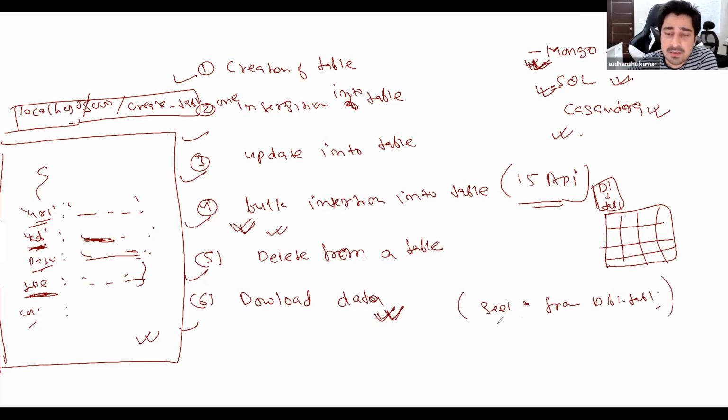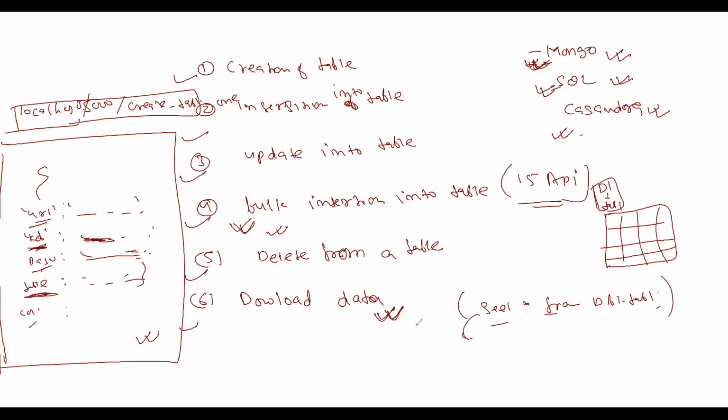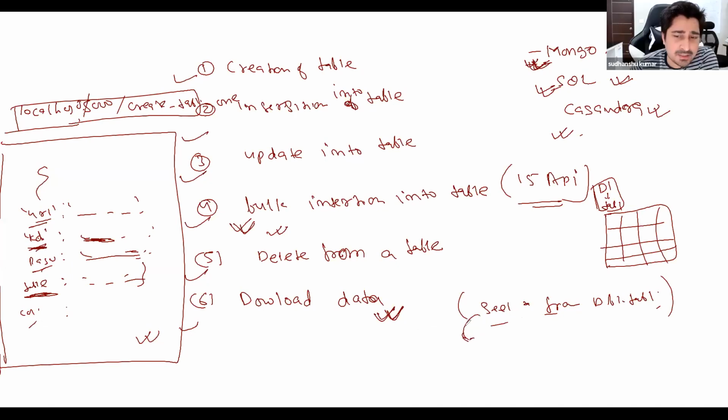This operation brings the data. It is just a read operation, right? That is downloading the data. Now you have to store whatever data you get into a .csv file or a .txt file, whatever you want. In this way, I'm saying download the data.